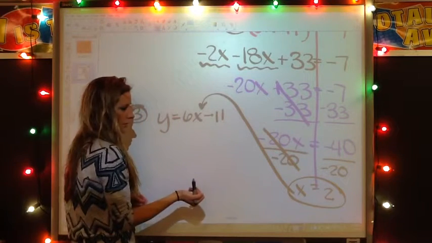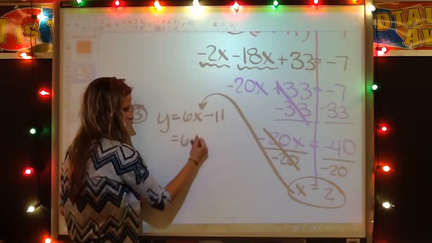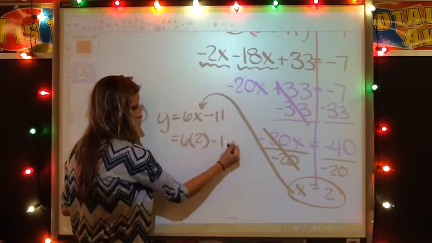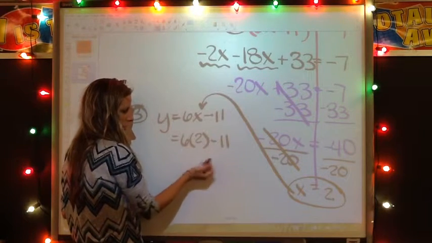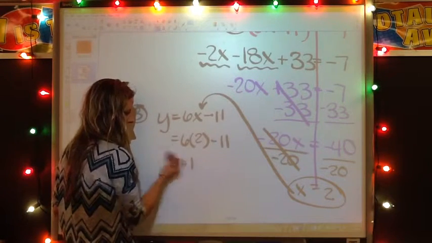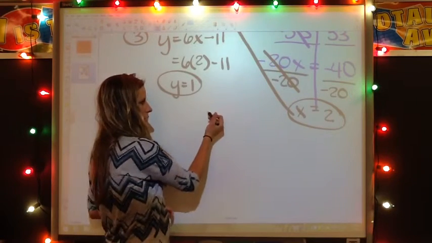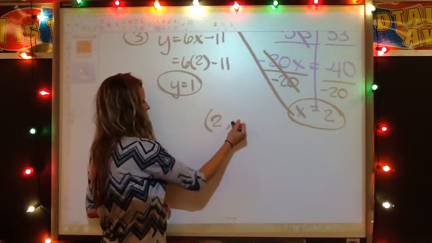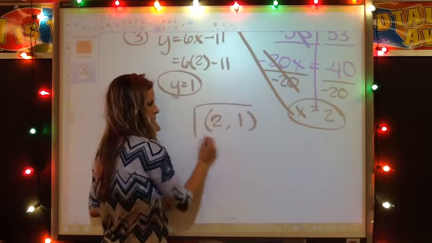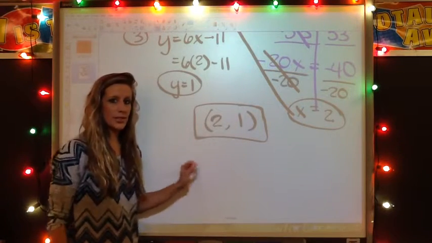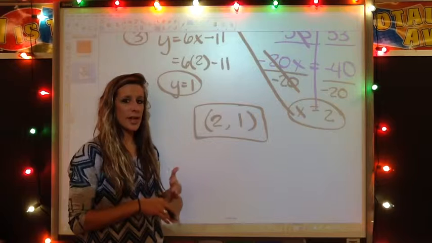Okay, so plug it in for x. So we have 6 times 2 minus 11. 6 times 2 is 12. Minus 11 is 1. So y equals 1. Now, your final answer, remember, is written as an ordered pair, so 2, 1. That's your final answer. That's where these two lines intersect.